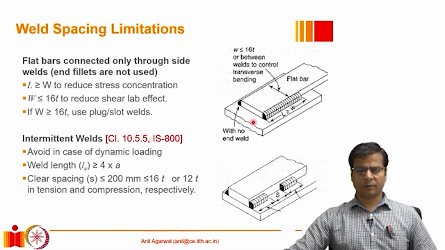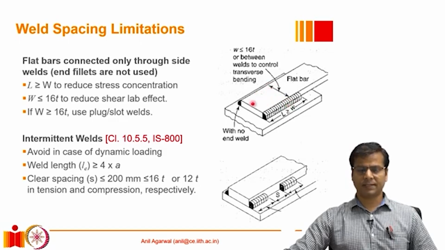So here is an example of 2 plates that are being fillet welded together through a lap joint. So this is a flat plate. It does not have any angle or anything, any protruding part outside. And if it is subjected to a tension force demand, there are a couple of requirements for it. One is that the length of the weld should be at least equal to the width of the plate.